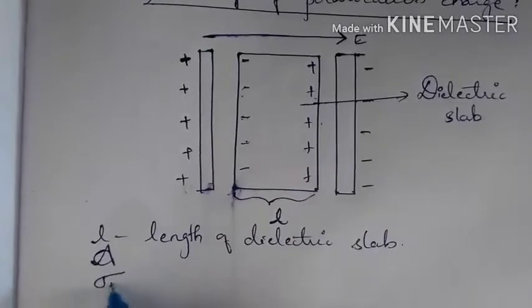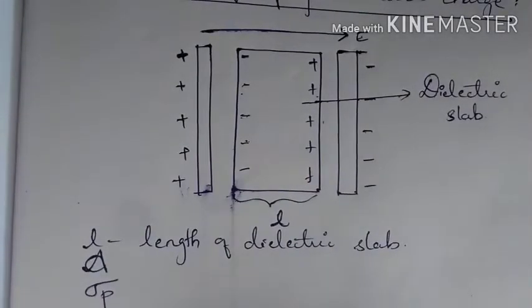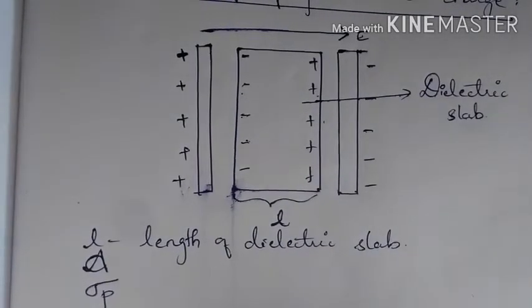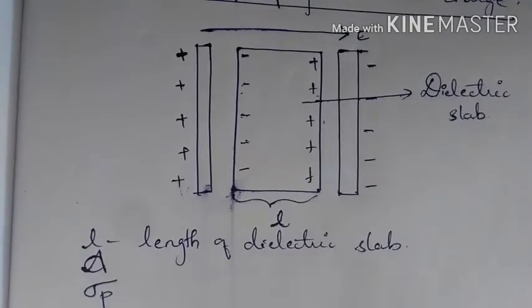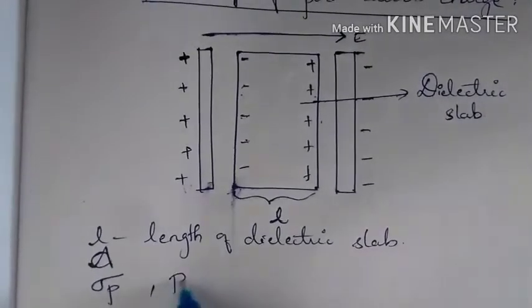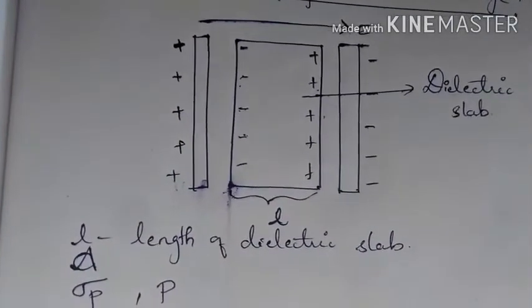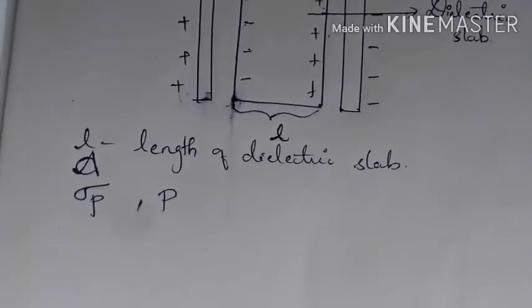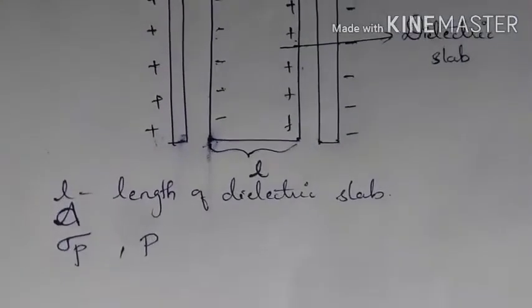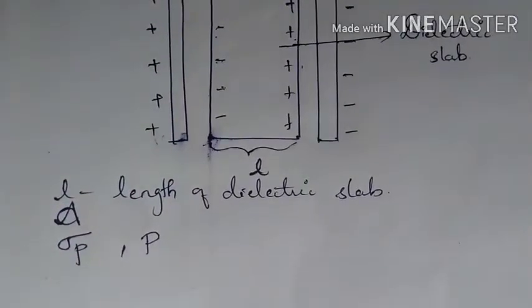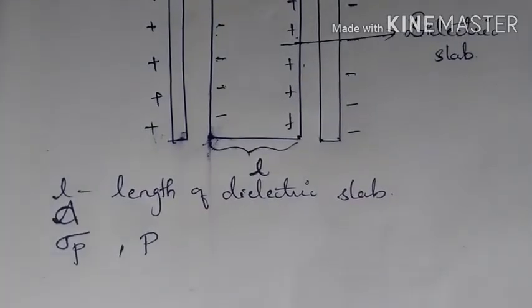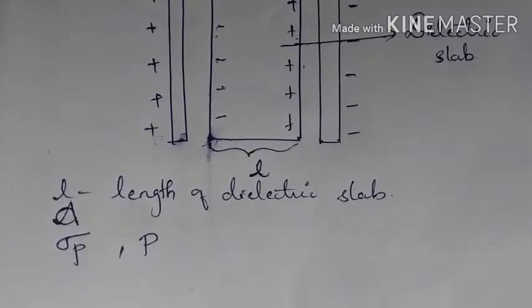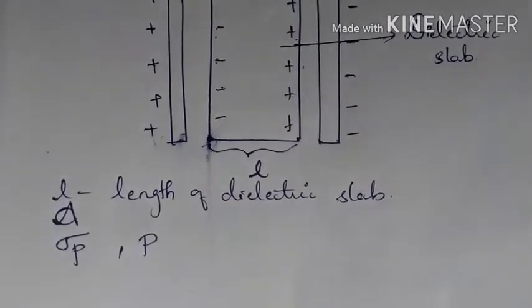Now here sigma p is the density of polarization of charges on the surface and P is the polarization vector.